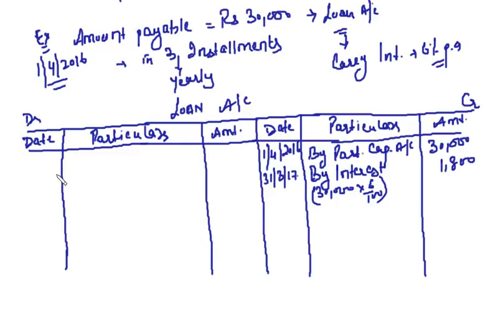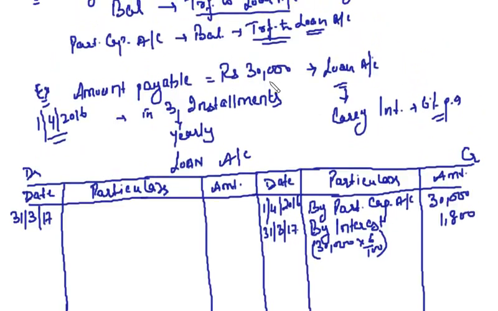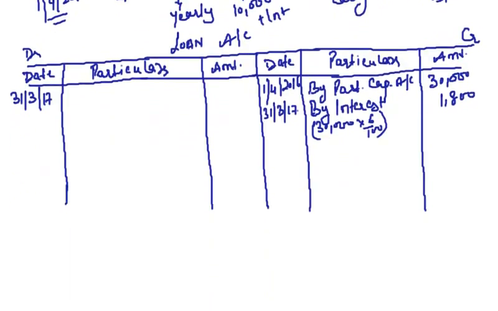Now the continuing partners will have to pay what they decided. They decided to pay this 30,000 in 3 installments. This 30,000 in 3 installments means the installment of 10,000 each plus interest. Now what is the installment they will be paying? I'll say to bank.